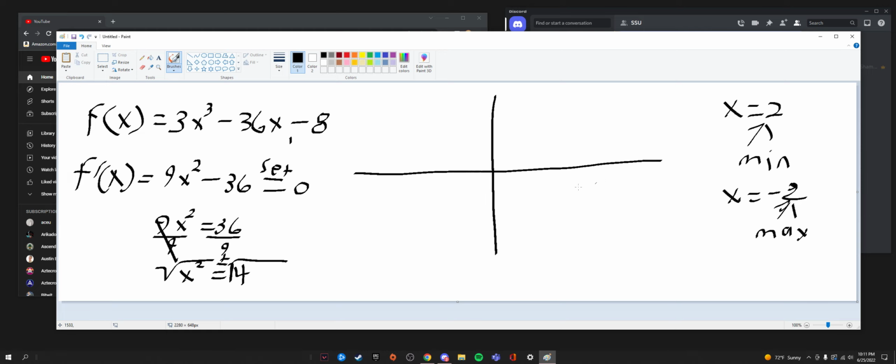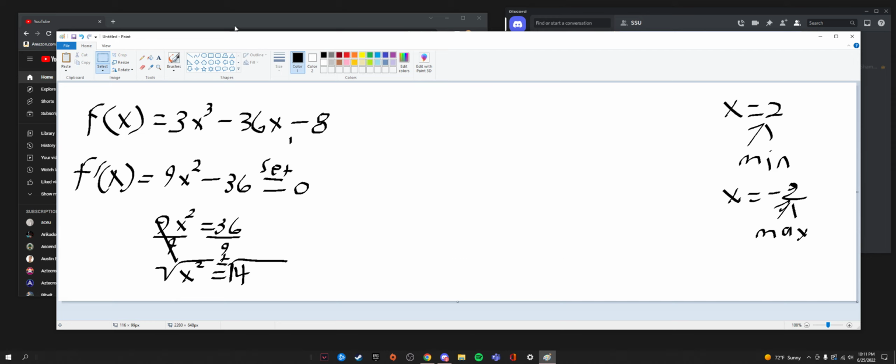So, I forgot to mention. Now that we have our x values, that's where the minimum and maximum values take place. But we don't know what the maximum or minimum y value is. That's what determines how high or how low it is. So let me erase the axis and actually evaluate that first.